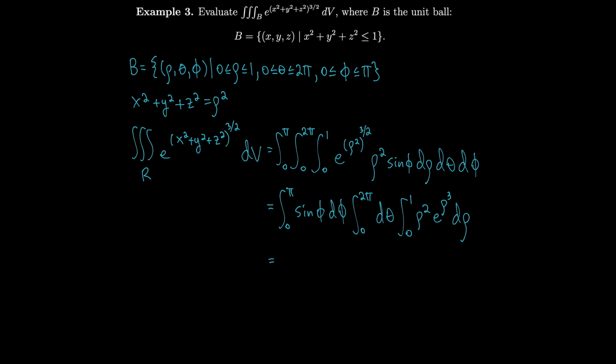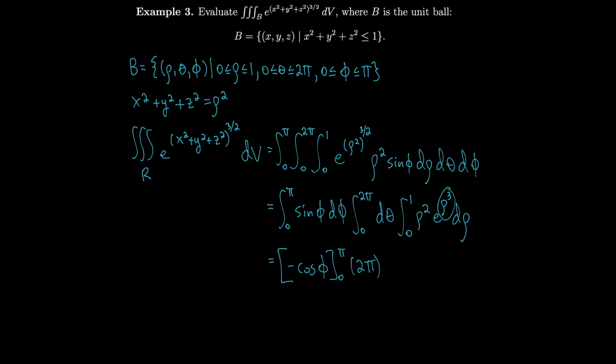So all of these are fairly easy to evaluate. We have minus cos φ for our first one, from 0 to π, and then from 0 to 2π dθ is just 2π. And then our last one, notice this is only easy because of the ρ² in there, which gives us a very obvious mental u substitution.